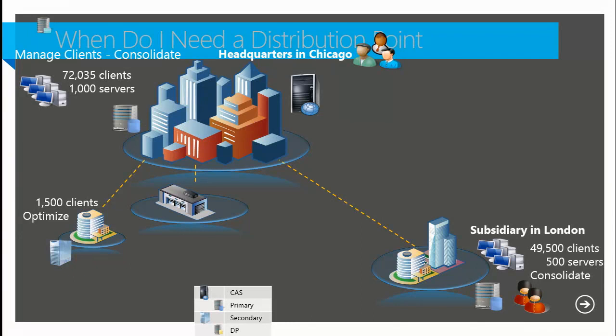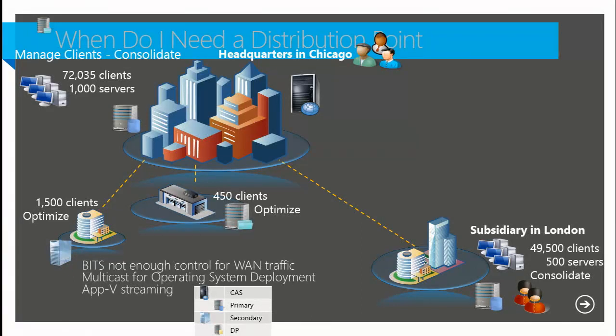Now for distribution points. When we talk about distribution points, you can stick those distribution points, as Jason pointed out, close to the clients which they manage, which you already know and do today, but you have used primary sites and secondary sites to help route that content around and keep it throttled and scheduled.